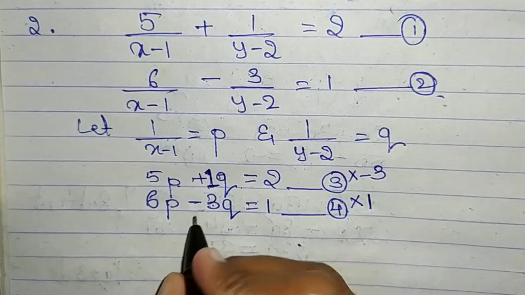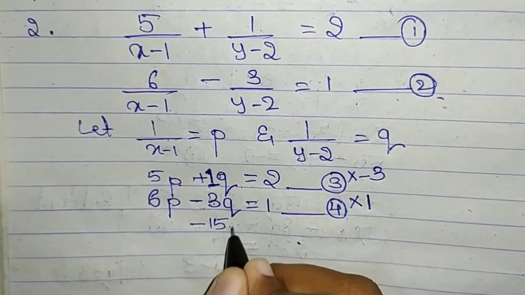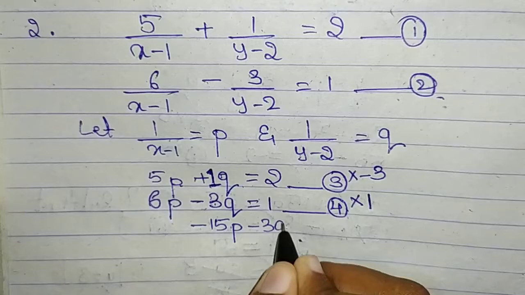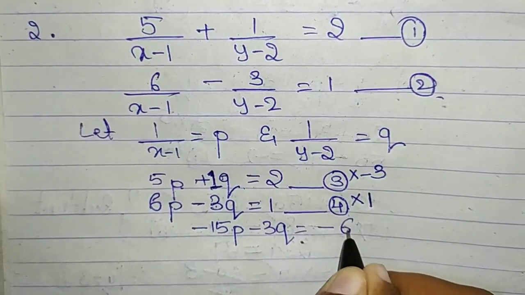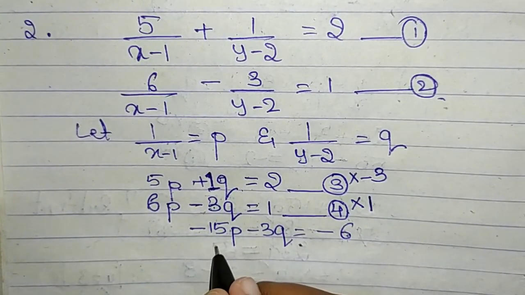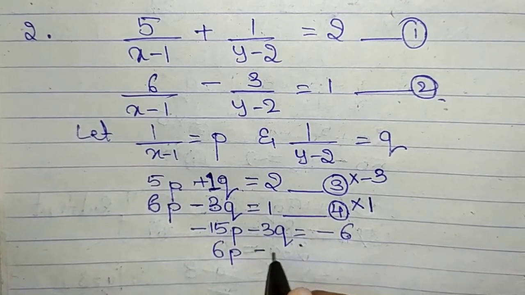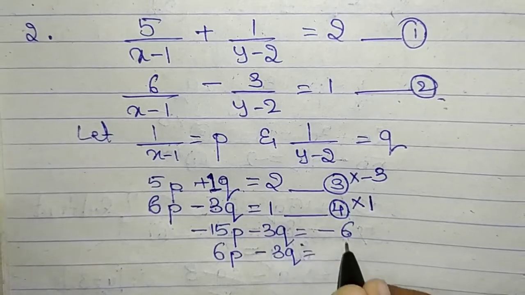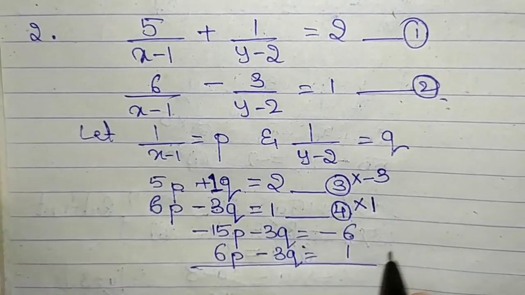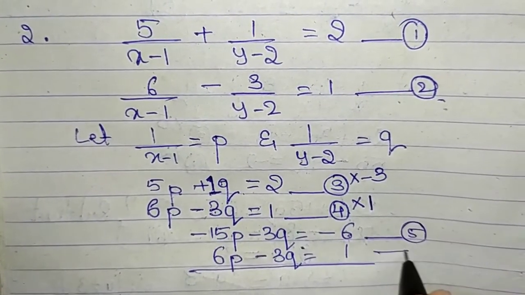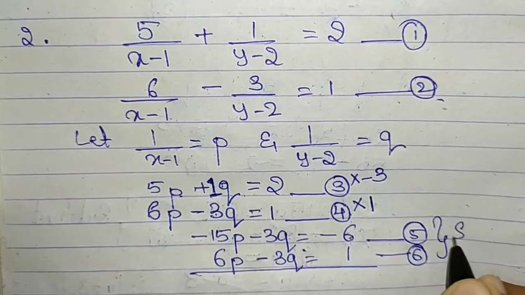So rewriting once again, we get 15p plus 3q is equal to 6, whereas the fourth equation can be written as 6p minus 3q is equal to 1. So now let us add these two equations.